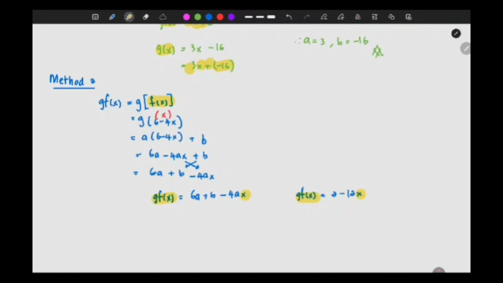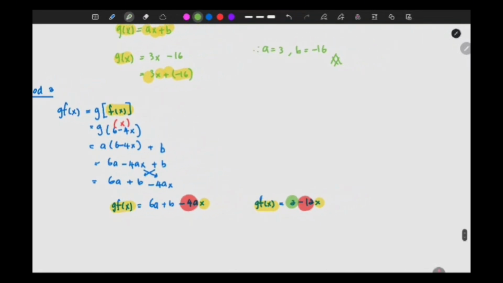And this one should be the same as this one. So I can say my negative 12 is equal to negative 4a. And my 6a plus b is equal to 2. So let's find our a. Negative 12 over negative 4, it's 3.